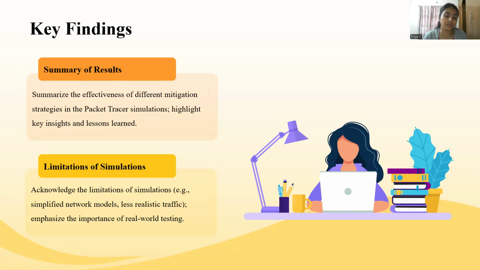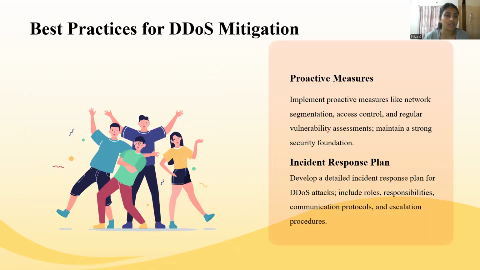Let us see the limitations of simulations: it acknowledges the simplified network model and less realistic traffic, and emphasizes the importance of real-world testing. The best practice for DDoS mitigation is proactive measures, such as network segmentation, access control, and regular vulnerability assessments to maintain a strong security foundation.